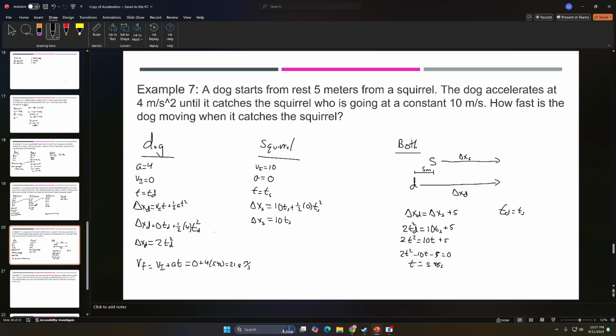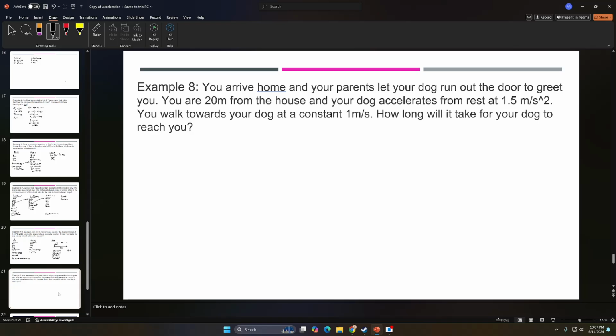I'm going to do another example that's really similar to it, just because I want to really hammer home how to do this, because these problems are challenging. Again, we have a similar example.